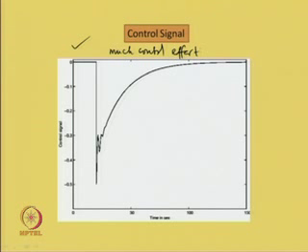Much control effort is there, because the time taken is very large. You see, to go to the steady state, we take almost more than 100 seconds. So, this is the amount of energy we spent, this is the control effort we spent for the closed loop dynamics. Next, we shall see the impact of measurement noise on the system.